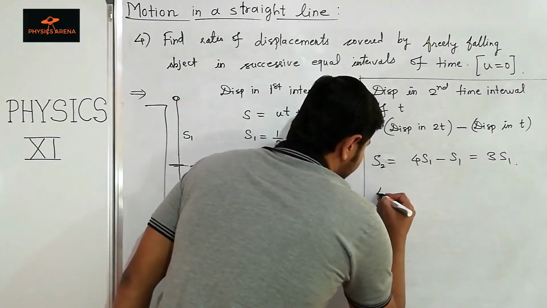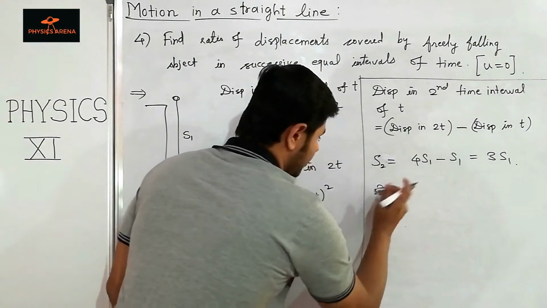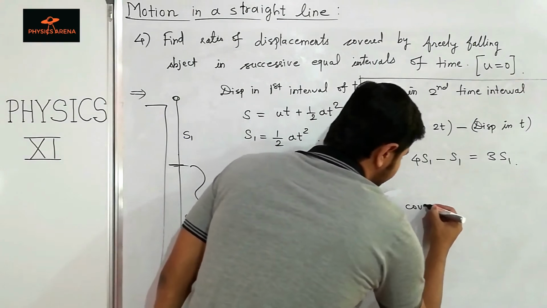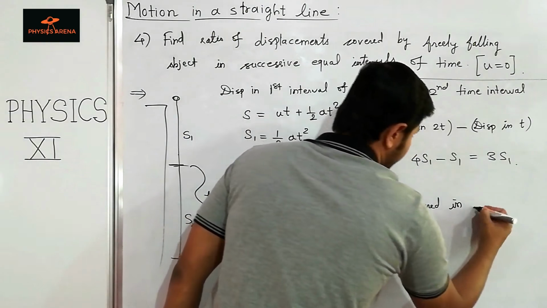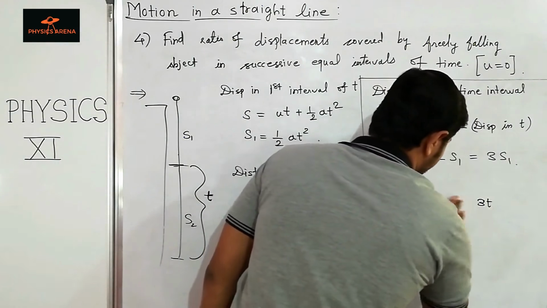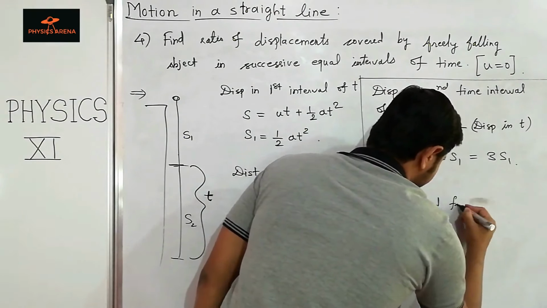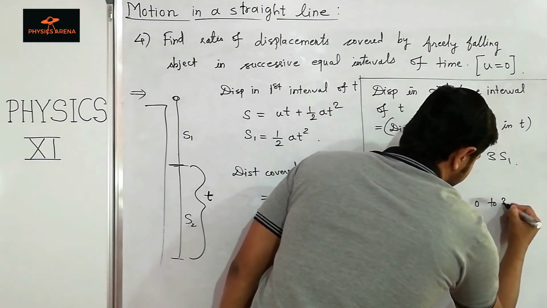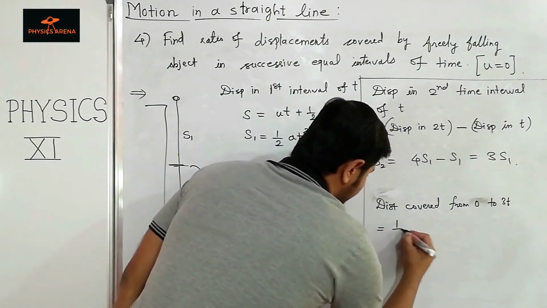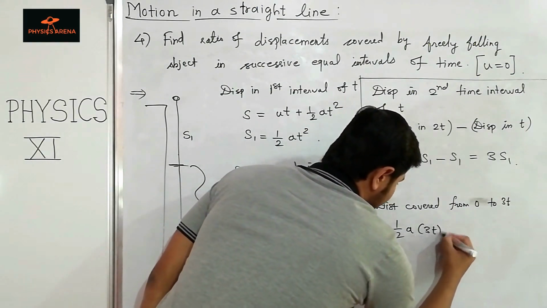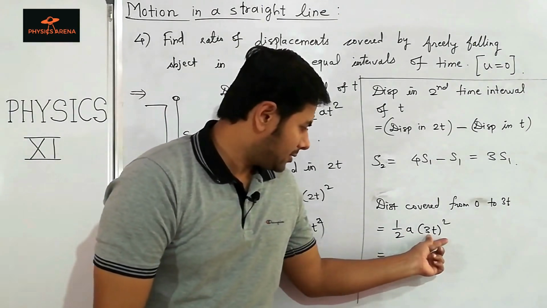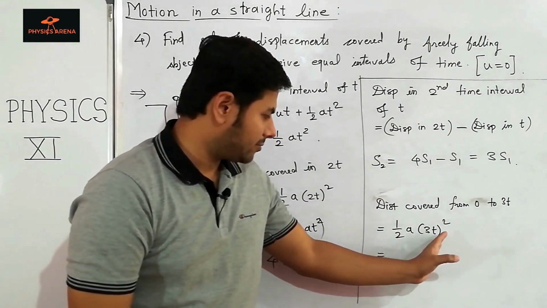We'll subtract the displacement in 2t from the displacement in 3t and we'll get the displacement in the third time interval t. So the distance covered from 0 to 3t is half of a into 3t squared, and the square of this is 9 times t squared.